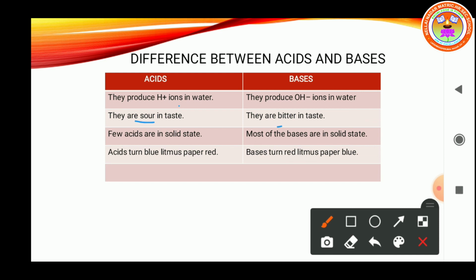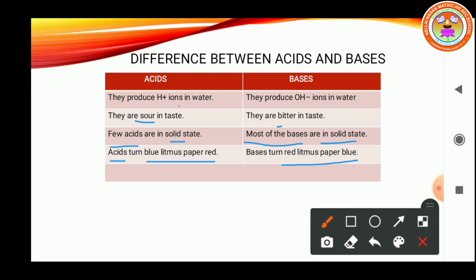Few acids only are in the form of solid, but most of the bases are in the form of solid. The last one is that acid turns blue litmus paper to red, but bases turn red litmus paper to blue.